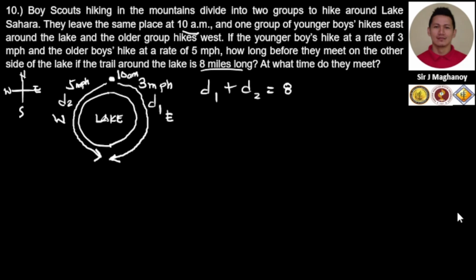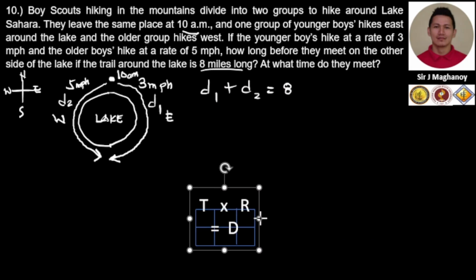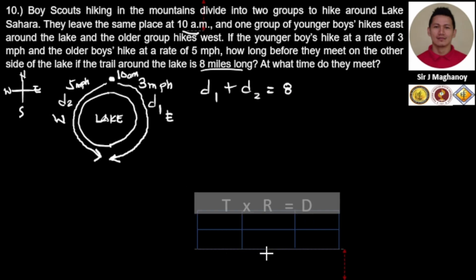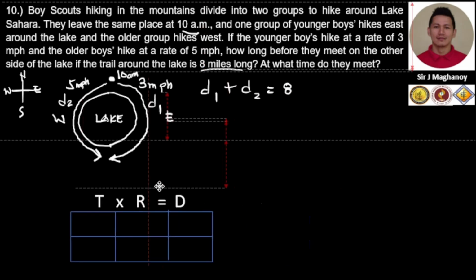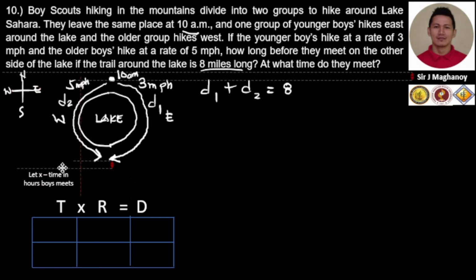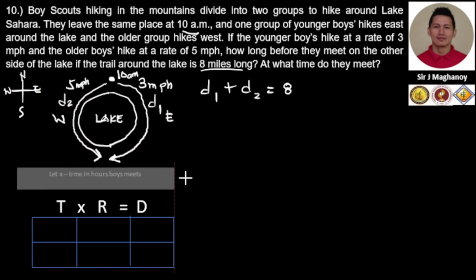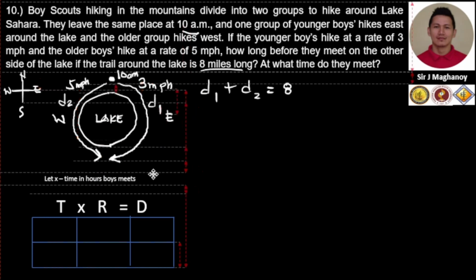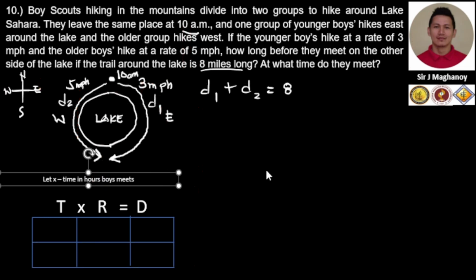Now let's formulate our equation based on our given, and let's get our TRD box. We let x be the time when the Boy Scouts meet each other. The older boys and the younger boys meet at a certain point.